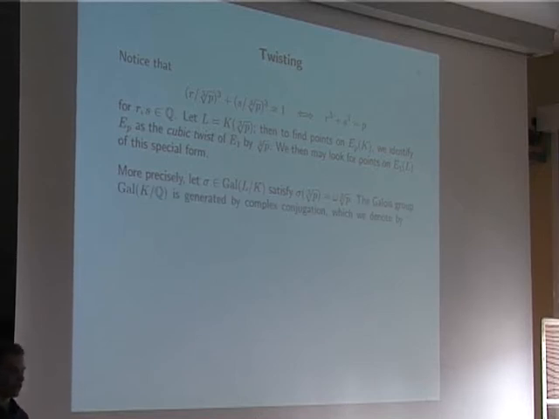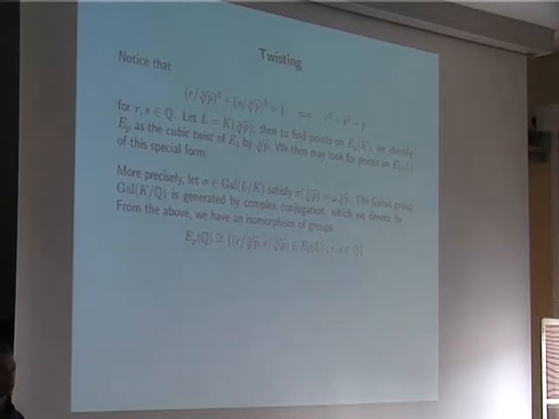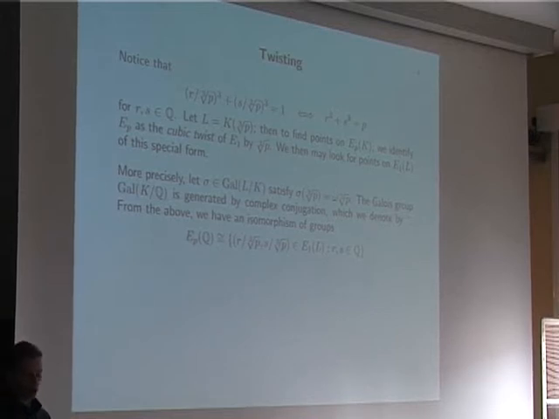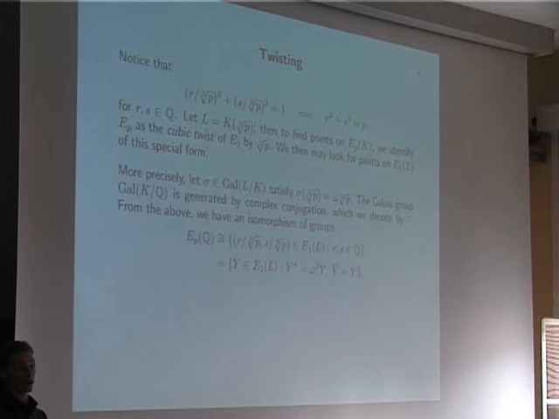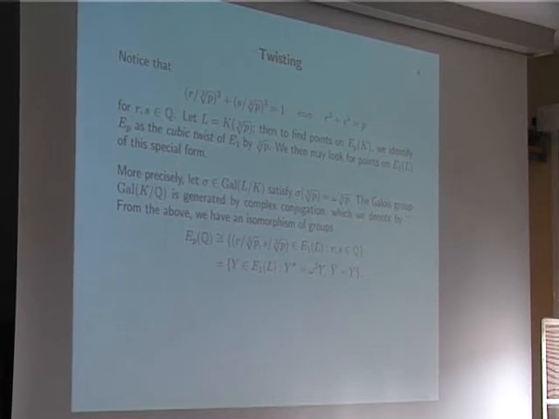Okay, so the Galois group of K over Q is generated by complex conjugation, which I'm going to denote bar. So what this means is what I've written down up above says that the group E_p of Q is exactly the same as the set of points r over cube root of p, s over cube root of p. And we can phrase that in terms of the action of the Galois group by saying we want to look at points y in E_1 of L such that when you act by sigma, well, what will that do to the cube root of p?